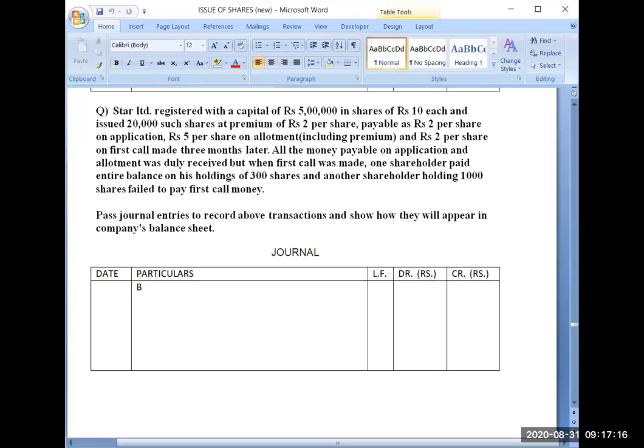First entry will be bank account debit, to equity share application account. Now you have received applications for 20,000 shares. Application money is rupees 2. It will become 40,000.